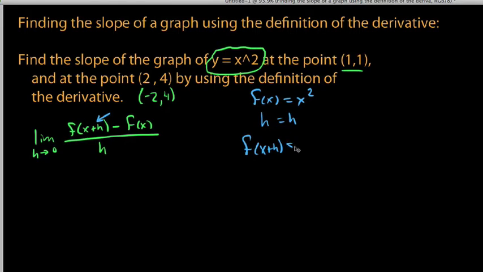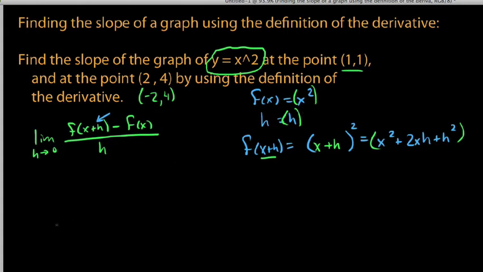Now recall that when you have a function, whatever you plug into that function, whatever you saw as x previously, you have to plug in the value that I've just underlined here. So we say if f of x equals x squared, then f of x plus h equals (x plus h) squared. And so if we FOIL this out, we actually get x squared plus 2xh plus h squared. And so these quantities are the ones that we shall be using over here on the left.